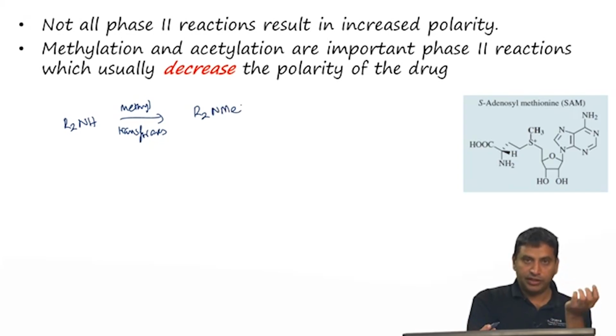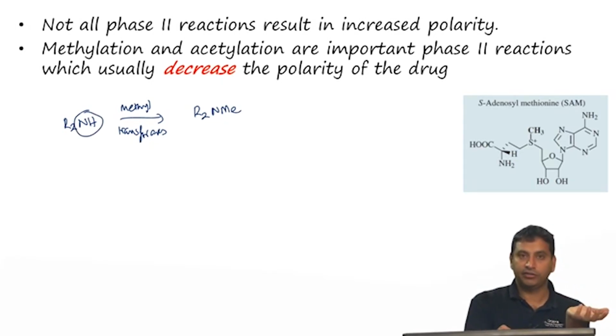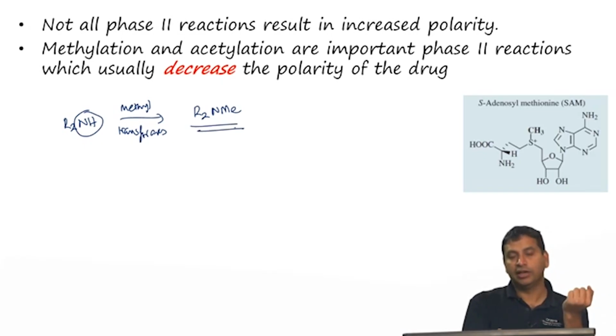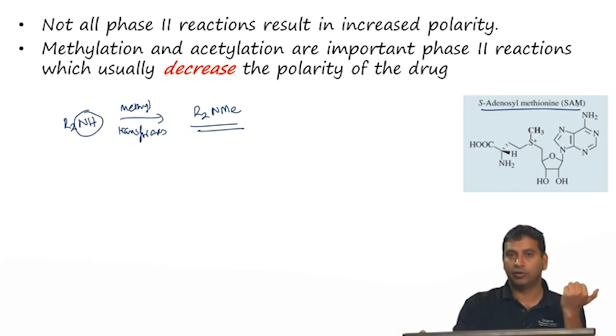So, this reaction actually decreases the polarity, because previously you had the possibility of NH being polar, whereas here you have substituted the hydrogen with methyl and you are decreasing the polarity. And we have already looked at that this is mediated by this molecule called SAM, which is S-adenosyl methionine.